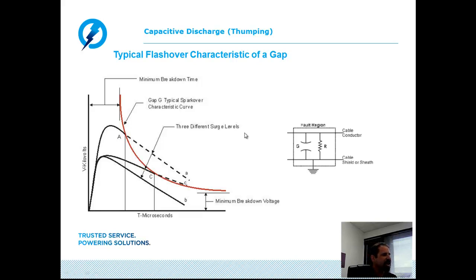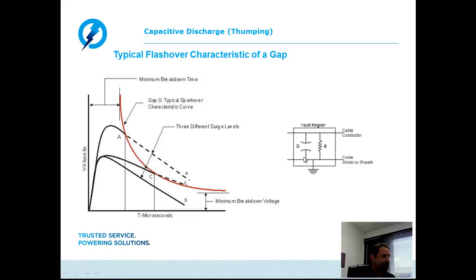So although we have enough initial voltage, it dissipates or bleeds away very quickly as it travels along the cable. It does not have enough capacitance or energy to overcome the capacitance of the cable, and we cannot meet the minimum breakdown time. So although we're sending plenty of voltage in, it doesn't sustain long enough to actually cause the gap to flash over. In essence, the output pulse of thumper B is inadequate to cause discharge at the fault and fails.